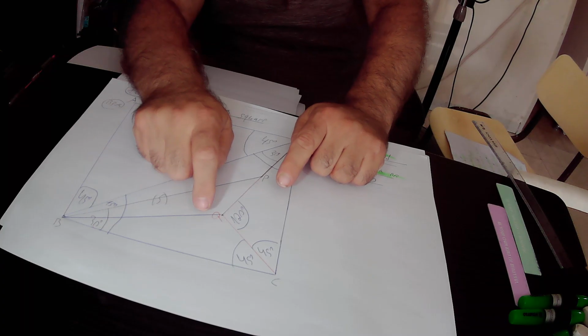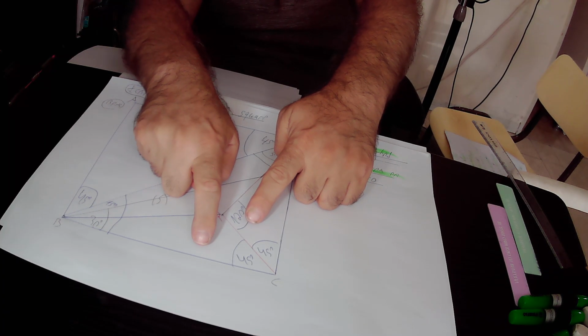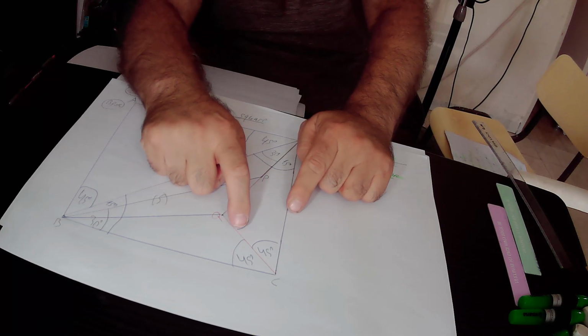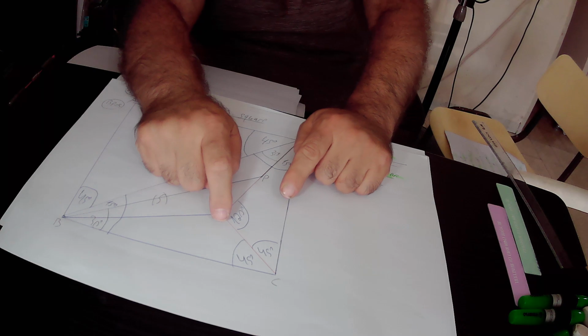And again, those two sides and the angle included between them in this triangle BQC are correspondingly equal to those two sides and the included angle in this triangle DCQ. And therefore those two triangles can go into each other according to the side angle side rule.